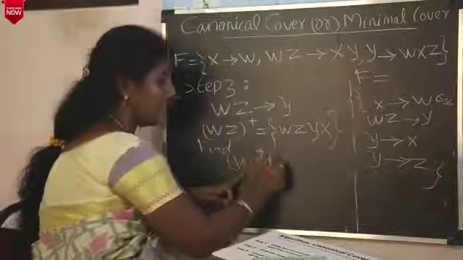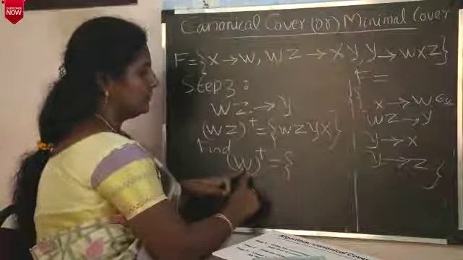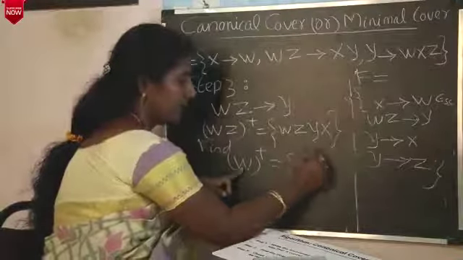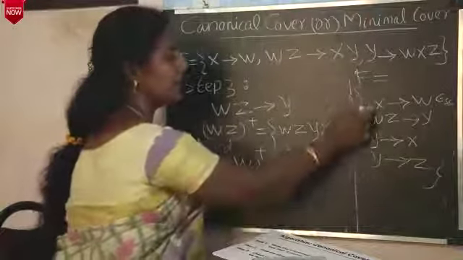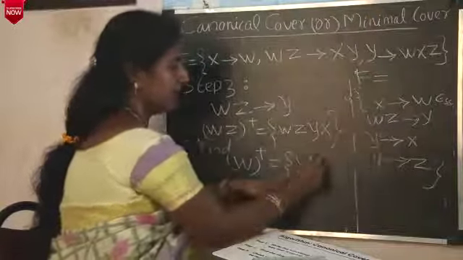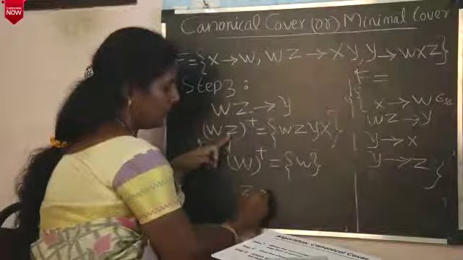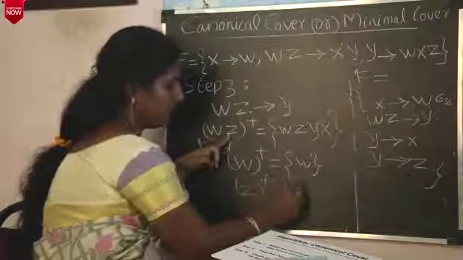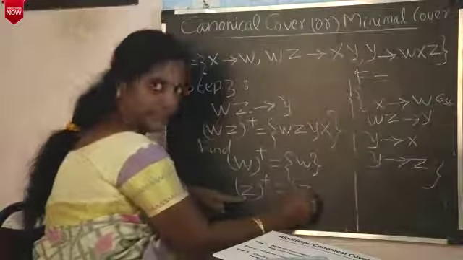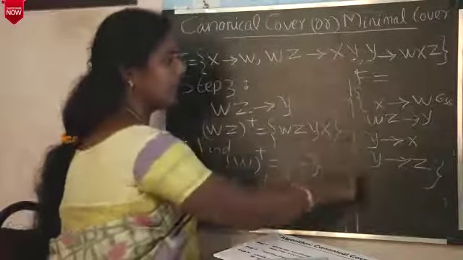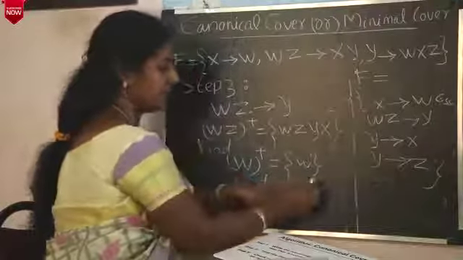So w closure is w determined by itself, and w determines nothing. Find z closure now. Z is determined by itself, and z is not determining anything in the set of functional dependencies.